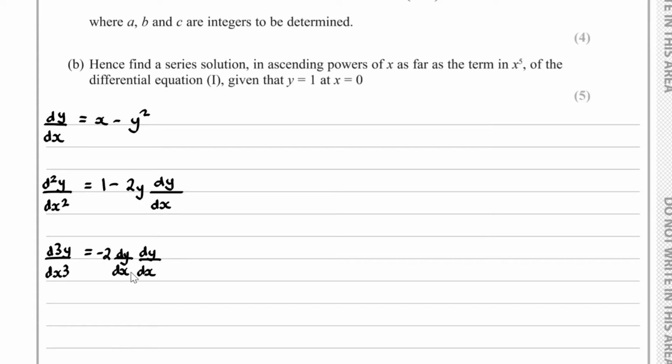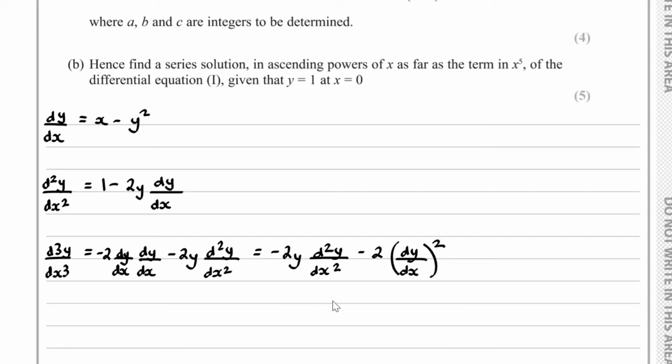Okay, and then we add on u, so that's minus 2y lots of the derivative of dy over dx, which is d squared y over dx squared. So hopefully you can see we have minus 2y times d squared y over dx squared, and then we subtract off 2 lots of dy over dx squared. Okay, so that's our third derivative done.